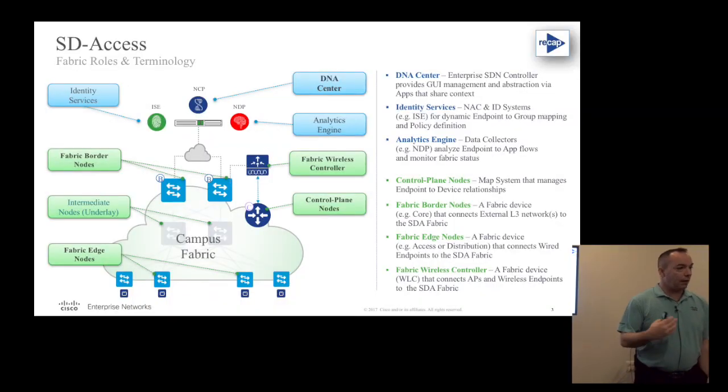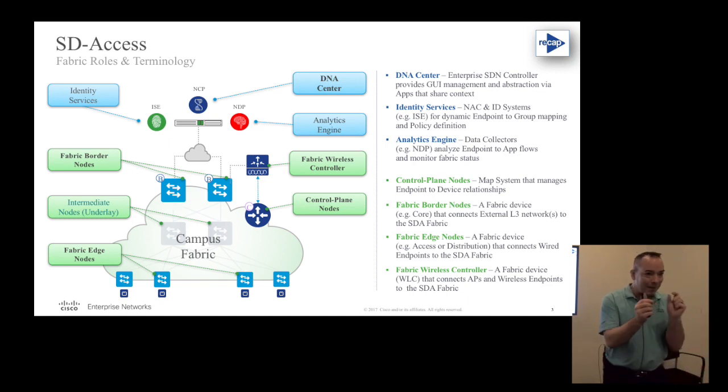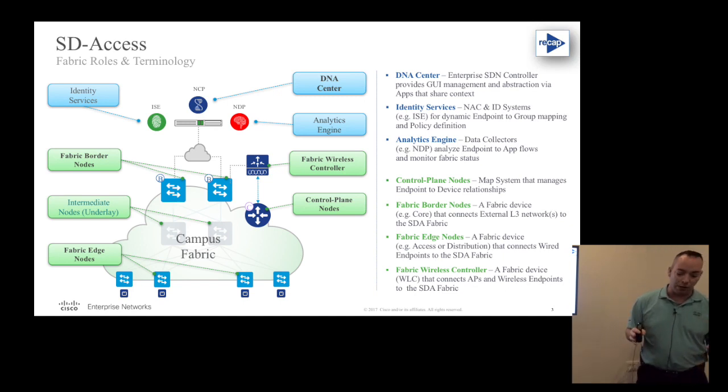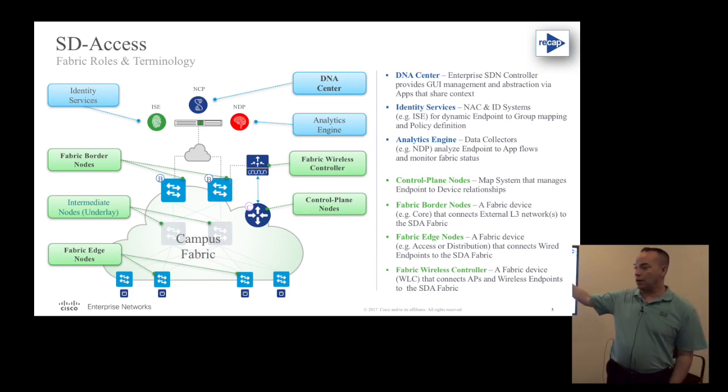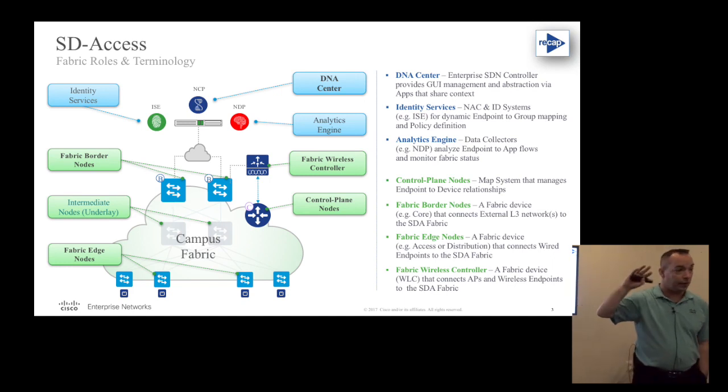Okay. I won't read all these off to you, but again, it's a recap of the various roles, because so many things are going on, and little bits of these are changing and little bits of those are changing. So it's good to just quickly level set. Again, DNA Center is comprised of identity services, which is through ISE in this case, and then an automation engine and an analytics engine.